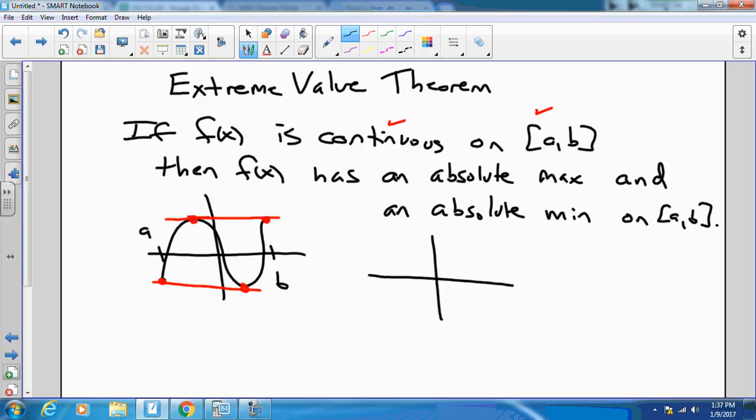So for example, if f of x is not continuous on a to b, for example, this function has a jump discontinuity right here at x equals c, then notice that f of x doesn't have an absolute max. So continuity is required.